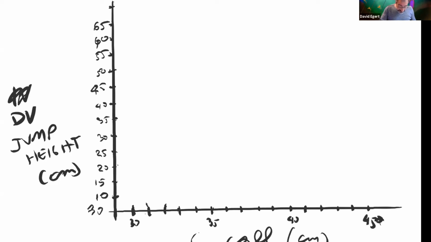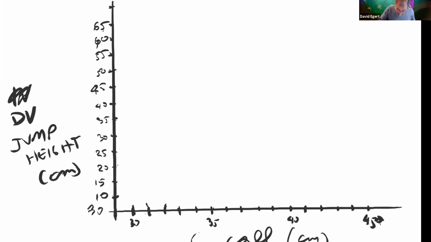Notice these also have to be consistent, but it can be a different amount of centimeters per division. It's important though that, again, that is consistent. And now I'm ready to graph.